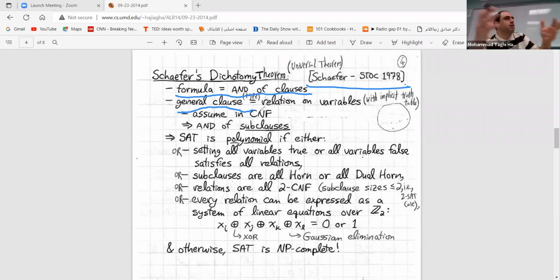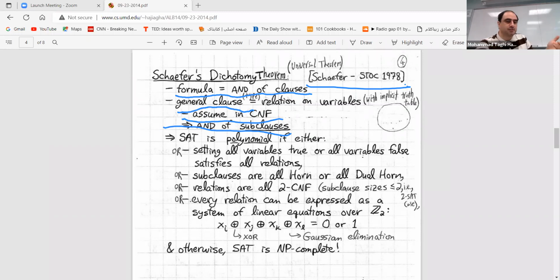So we have an AND of subclauses, and each clause is some relation on the variables, not necessarily an OR. It can be even more complicated than that. Here he's also mentioning that it should be in CNF formulas. So you have a general representation of the satisfiability problem.